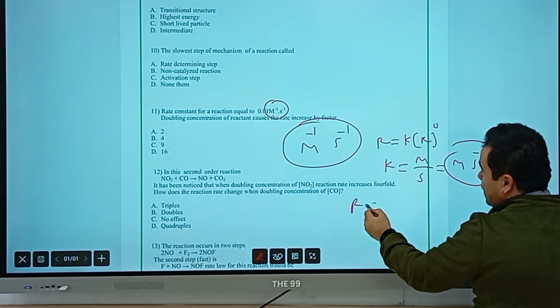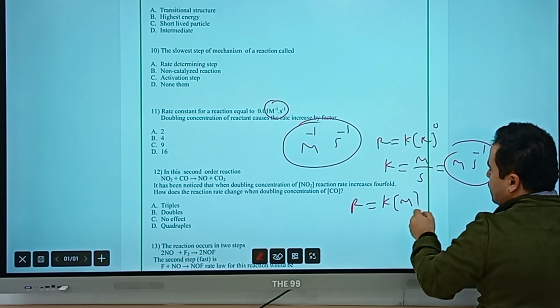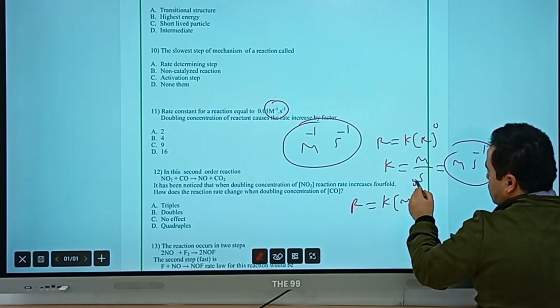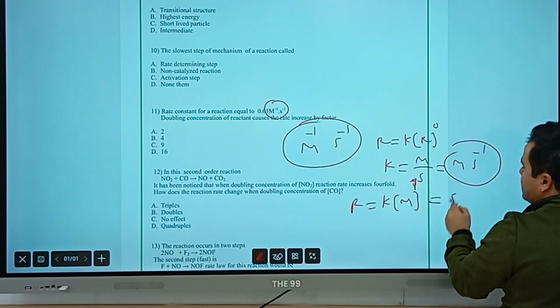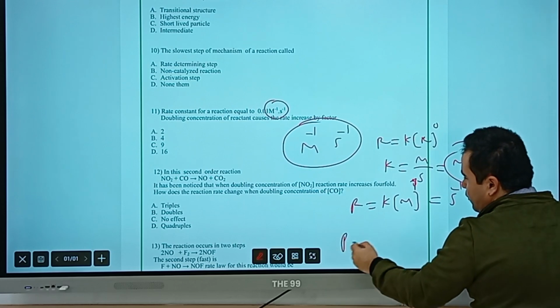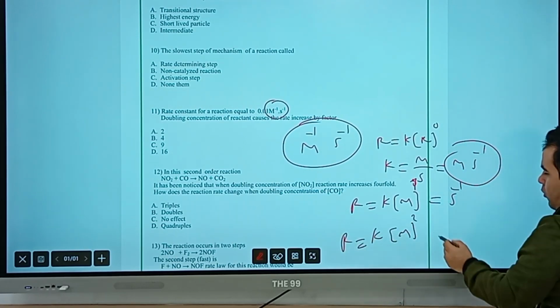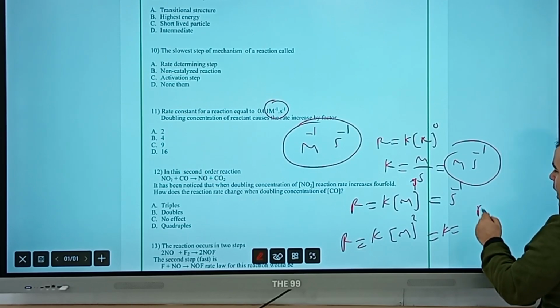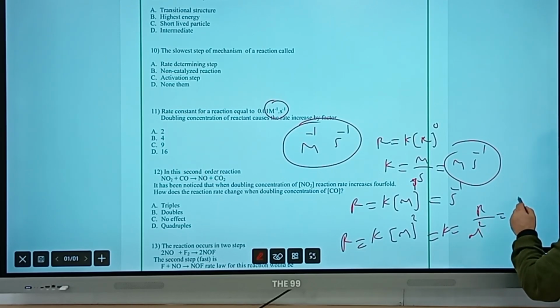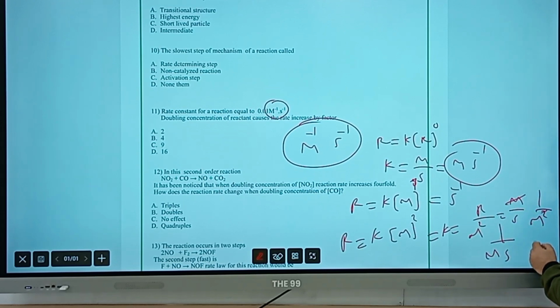The second possibility: K times concentration to the power of 1 gives a unit of s minus 1, so it is not that either. Then R equals K times molarity squared. K is equal to R per molarity squared, or molarity per second times 1 over molarity squared, 1 over M s, or M minus 1 s minus 1.